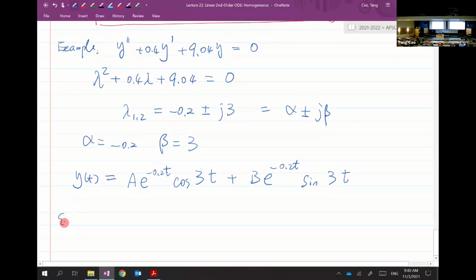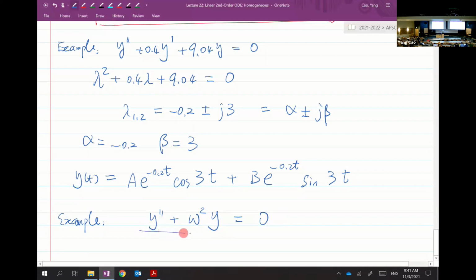So let me show you another example. So here's another example here: y double prime plus omega squared y equal to 0.